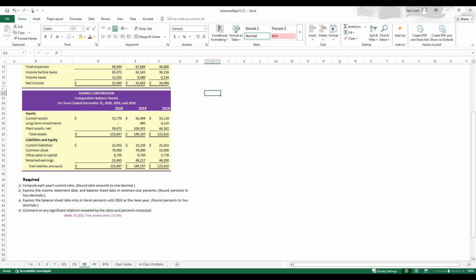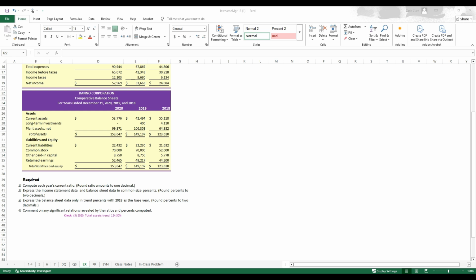So that's essentially doing a vertical analysis, using sales as the base for the income statement, and then total assets as the base for the balance sheet.